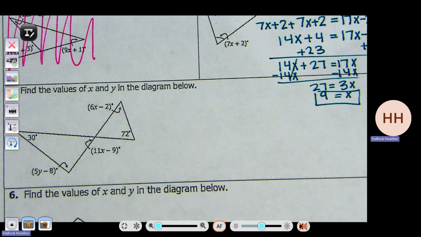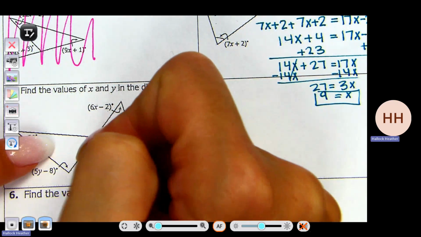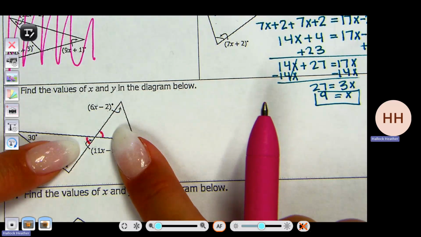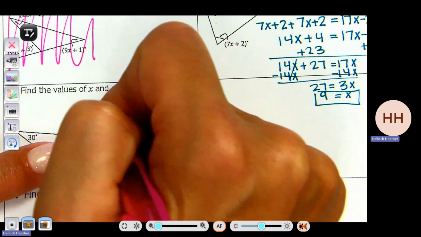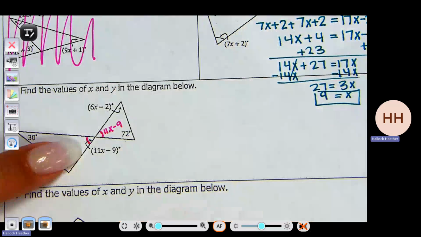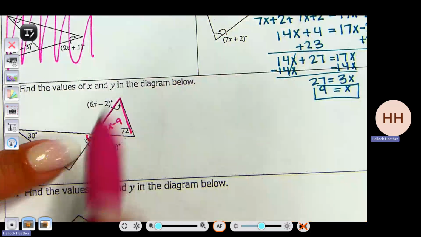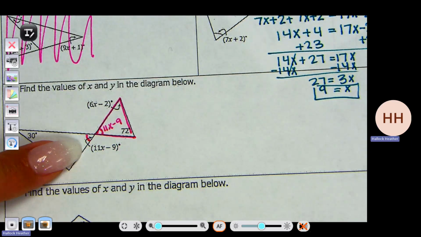Ah, from chapter 2, vertical angles. Those are congruent. So if this is 11x minus 9, this is also 11x minus 9. So I can take the information in the small triangle and add to make 180, because now I have all 3 angles.